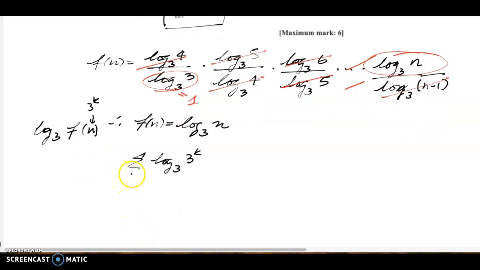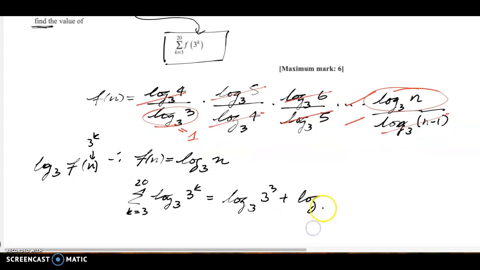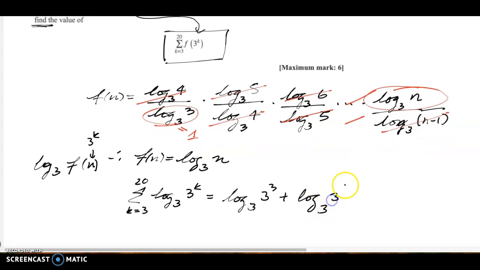And we are given that k starts at 3 to 20. Well, guess what? If I start writing these out, you'll notice right away, that's amazing. Because I could write log base 3 of 3 to the 3 plus log base 3 of 3 to the 4 plus dot, dot, dot, log base 3 of 3 to the 20.